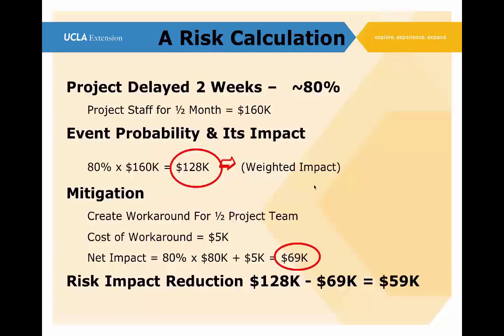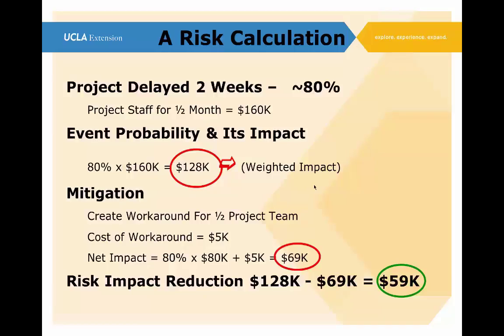We have mitigated the risk and we have changed the impact. We've taken the risk from a weighted impact of 128,000 down to 69,000. The difference between the two is a $59,000 improvement in what it would cost, and we have achieved that $59,000 improvement by spending $5,000. Okay? All right.